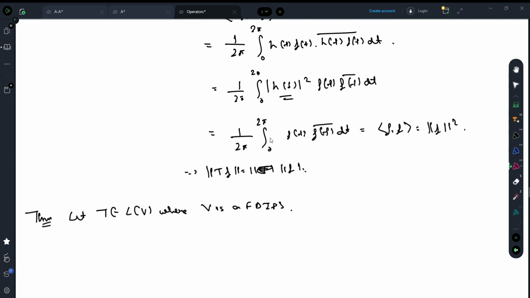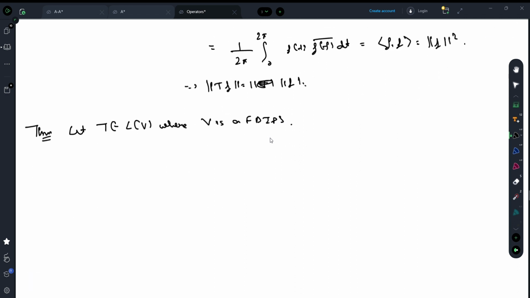The problem is that in infinite dimensional inner product spaces, the length preserving operators are necessarily injective, but they are not surjective. If length preserving linear operators over infinite dimensional inner product spaces are surjective as well, then we just say them to be unitary or respectively orthogonal. We use the same terms.